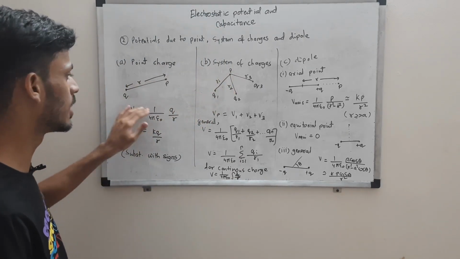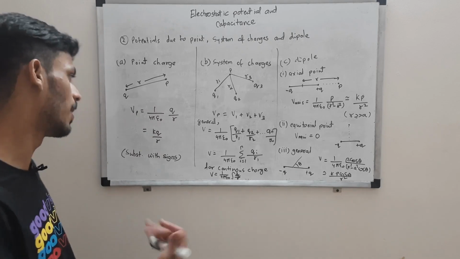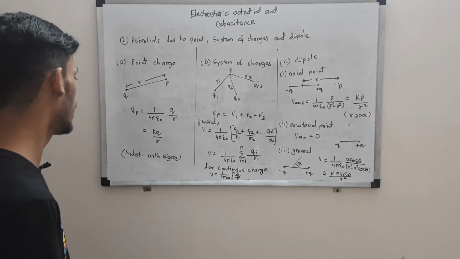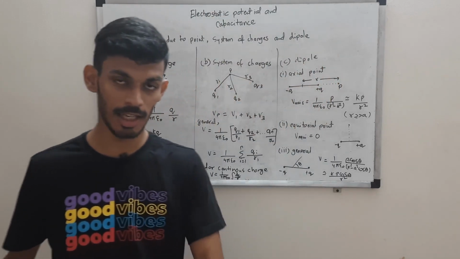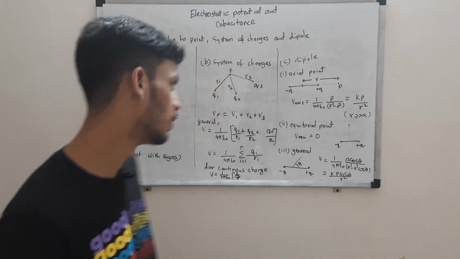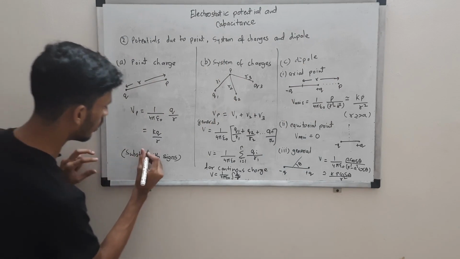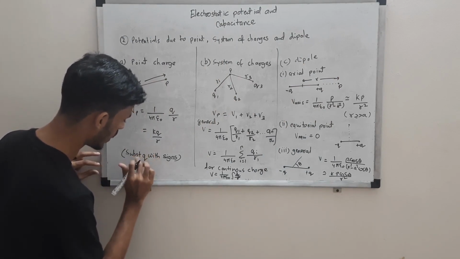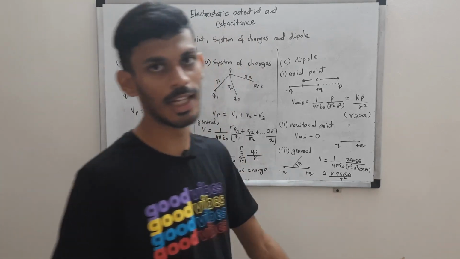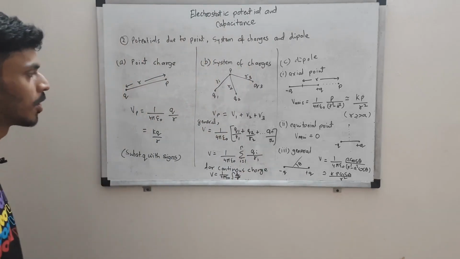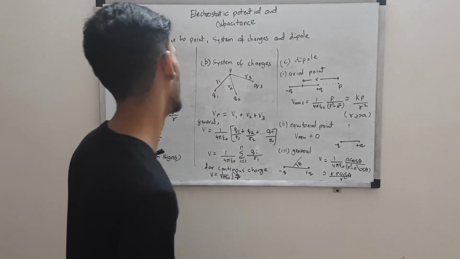Here k is basically 1 upon 4 pi epsilon naught, if you remember it from chapter 1. It is important that you remember potential is a scalar and you have to substitute q with signs. Whatever the sign q has, if it's negative, substitute it with negative; if it's positive, substitute with positive. The sign matters over here.